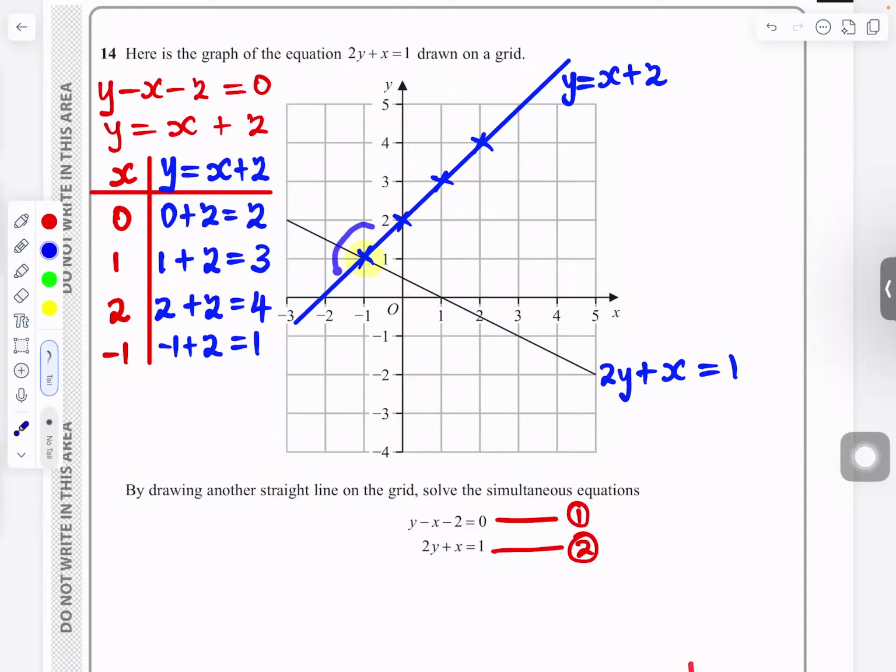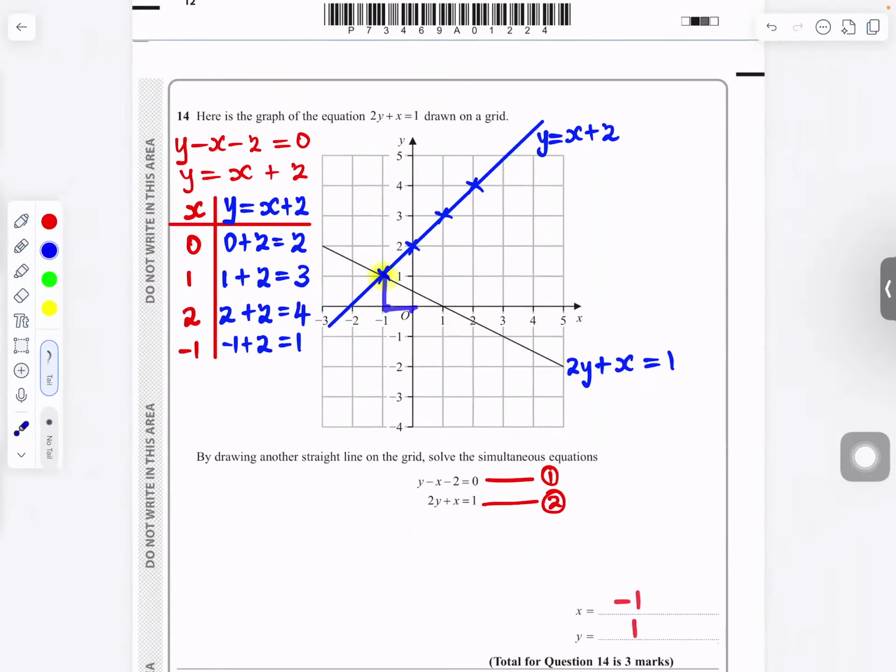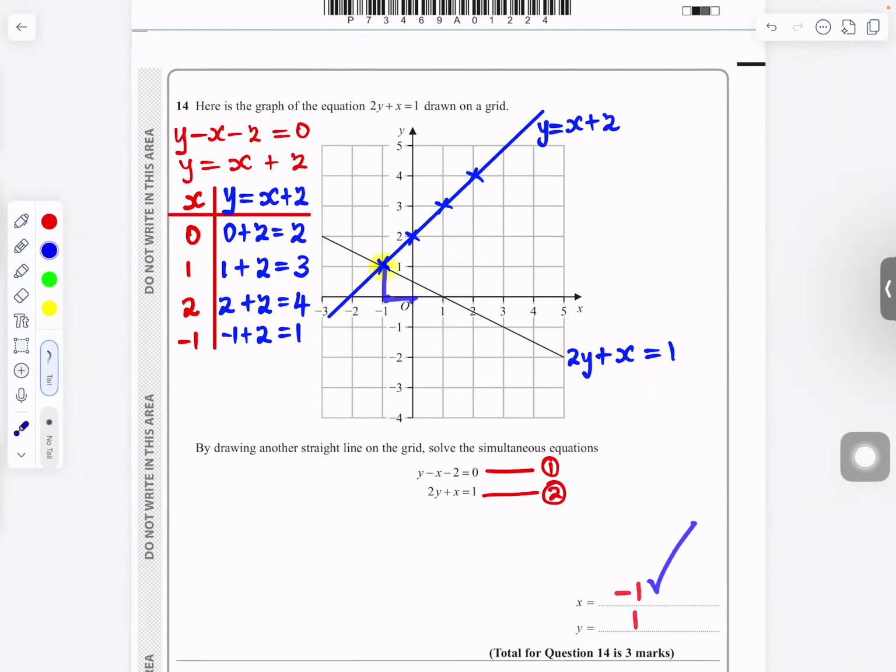They meet at the point highlighted in yellow. The coordinate for the point in yellow is minus 1, 1. Minus 1 to the left and 1 up. So x is minus 1 and y is 1. So that's how you solve the simultaneous equations.